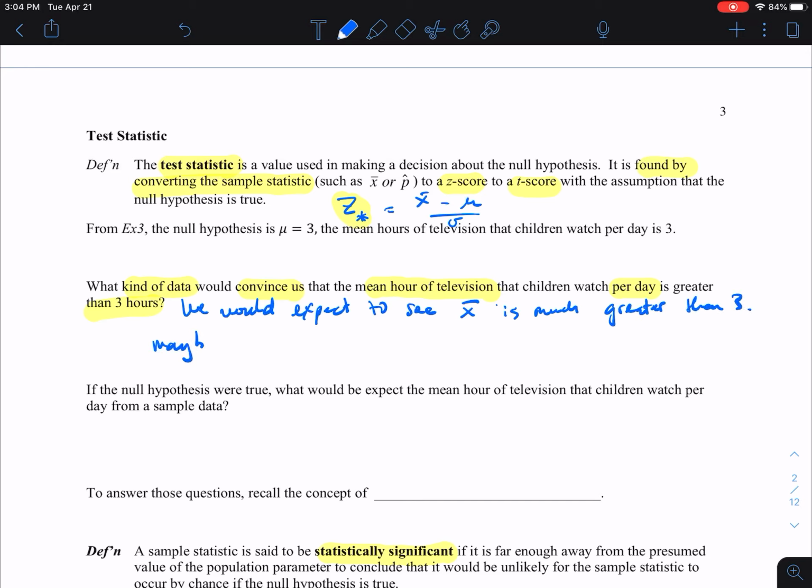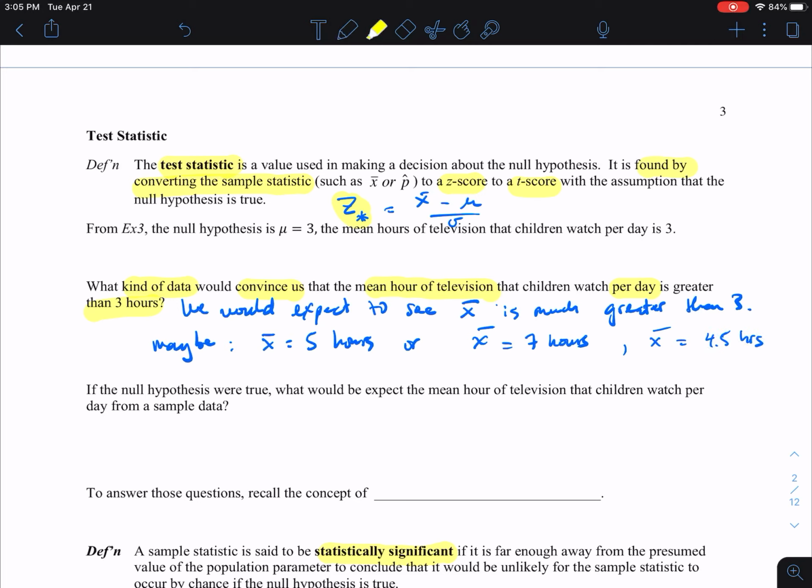Maybe she comes back with sample data with X bar being 5 hours. Or an X bar being 7 hours. Or maybe an X bar of just 4.5 hours.